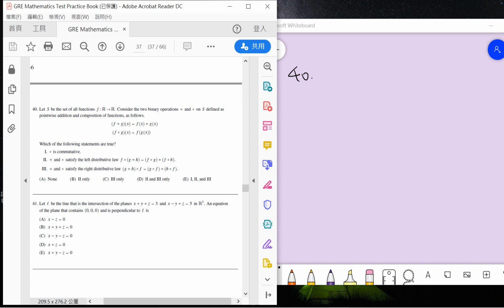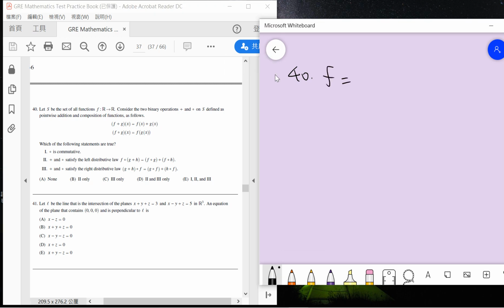Basically, this is common sense: the composition of functions cannot be commutative. A simple example: you can choose any function you like. Suppose f is x plus 2 squared, and g can be x squared.